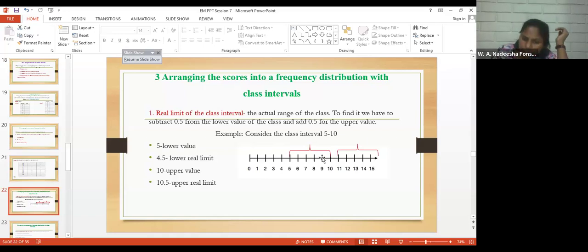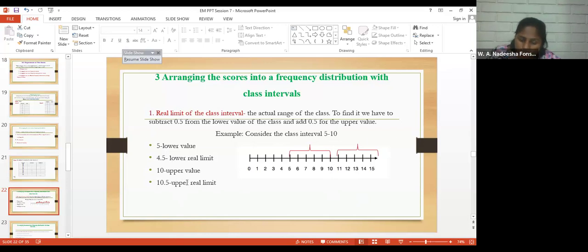Understood? Then both are overlapping here, and we can have a continuous range, continuous intervals. That is why we have to find the real limit.